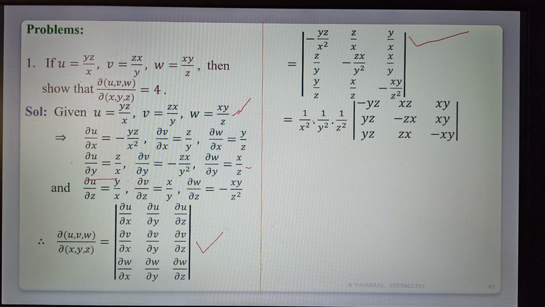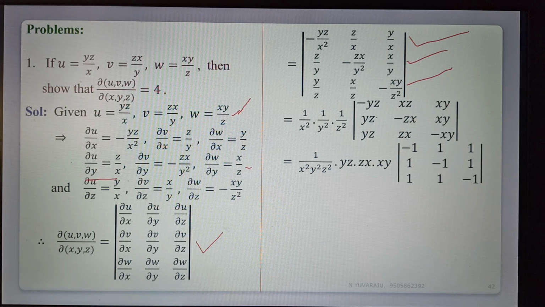From the first row 1 by x square common, from the second row 1 by y square common, from the third row 1 by z square common. Remaining here: minus yz, xz, xy; yz, minus zx, xy; yz, zx, minus xy. Again, from the first column yz common, from the second column zx common, from the third column xy common, and all cancel.